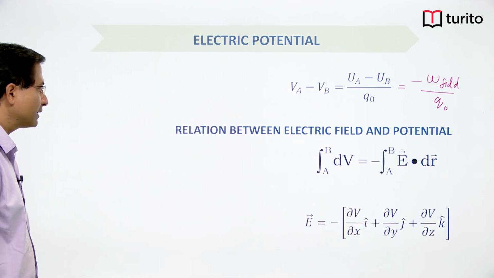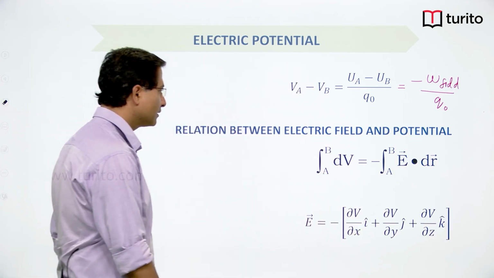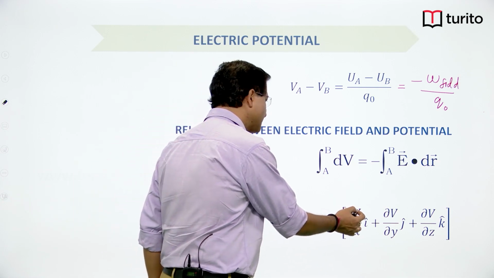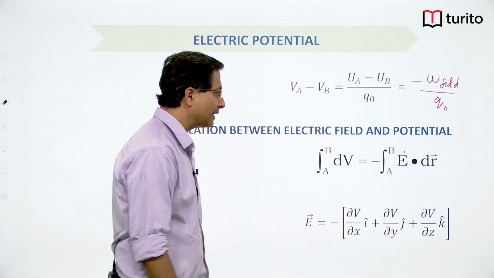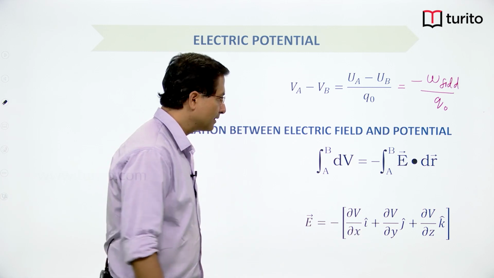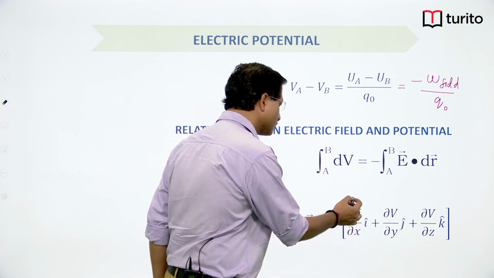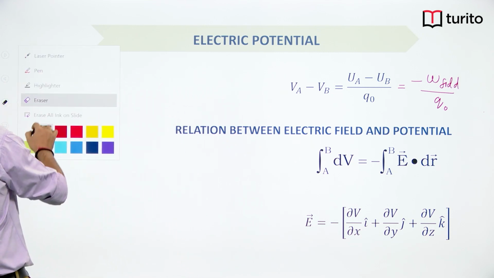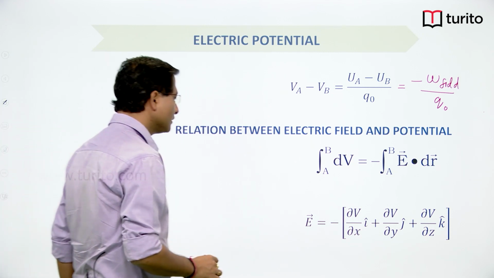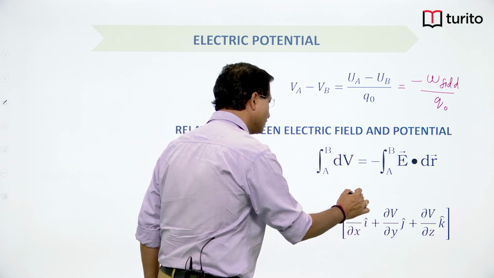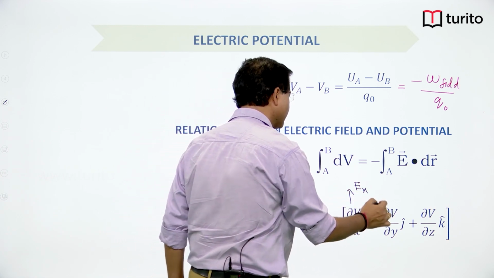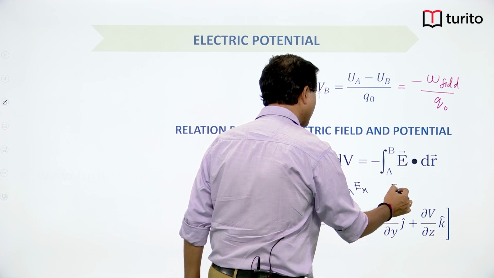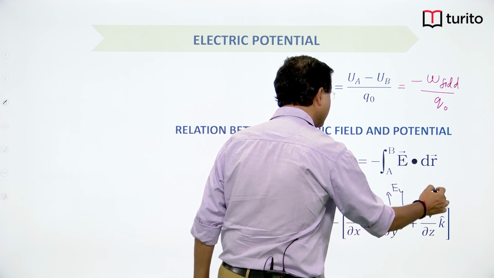So, this can also be written this way, right. If we differentiate V with respect to x, I will get the x component of the field. This term is giving you the x component, this is giving you the y component, and this is giving you the z component.